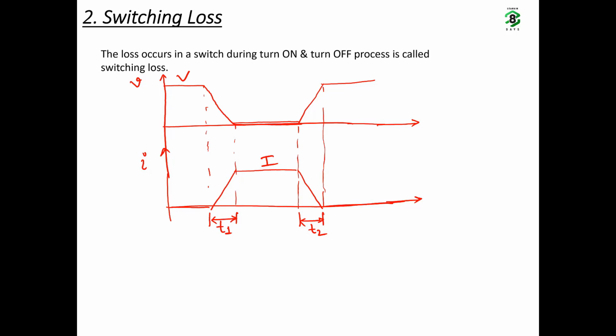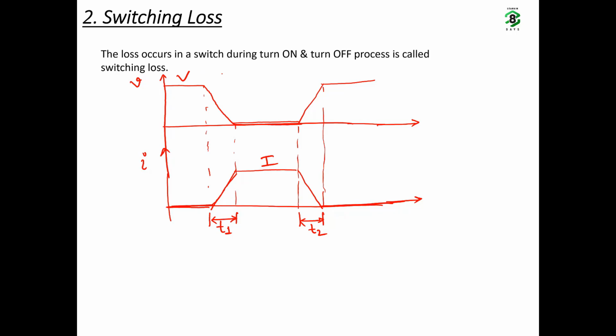Similarly, here the current is not 0. There is a very small current which flows through the switch even when it is in the off condition. But when we are calculating the switching loss, we have to consider this current as well as the voltage as 0. Here the current is gradually increasing, which means the switch is turning on.